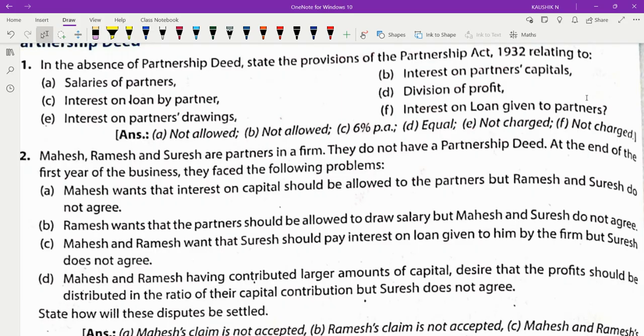So first one, salary of partner, not allowed. Second one, interest on partner's capital. Will you allow or not allow? Yes, not allowed. Then, interest on loan by partner.